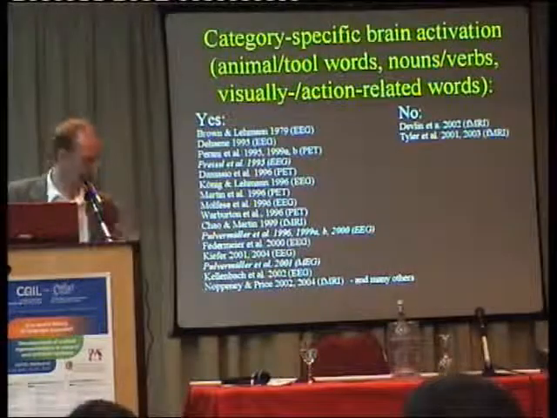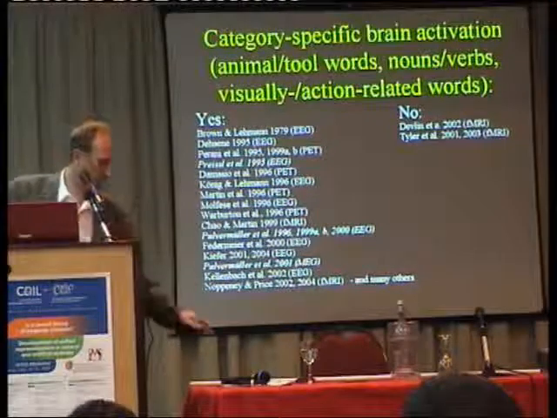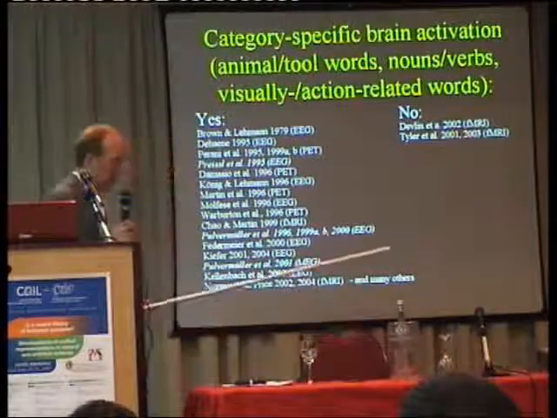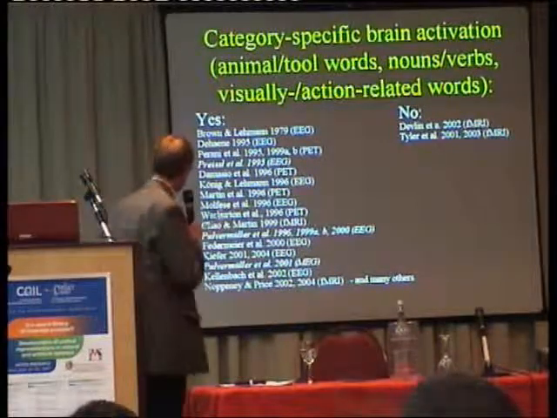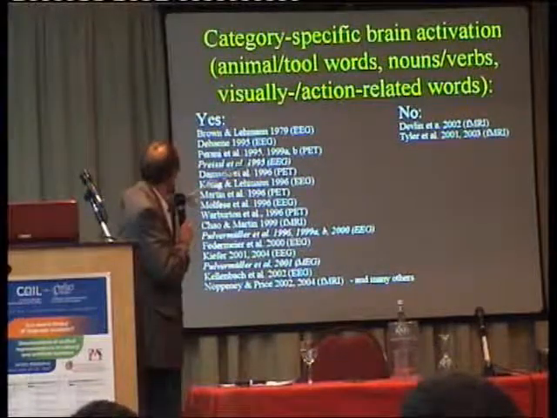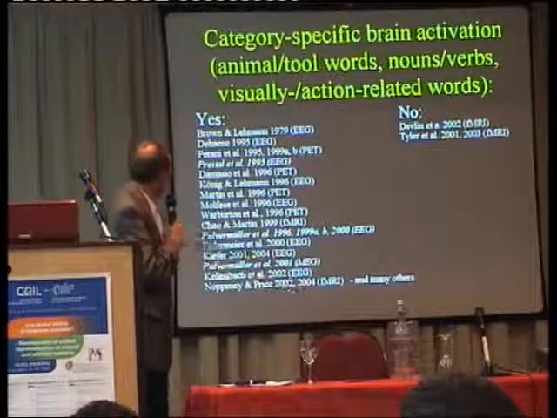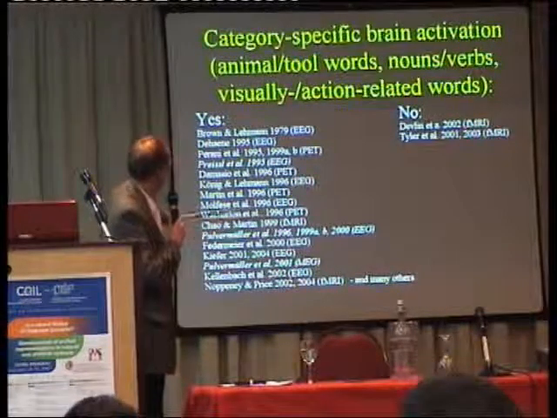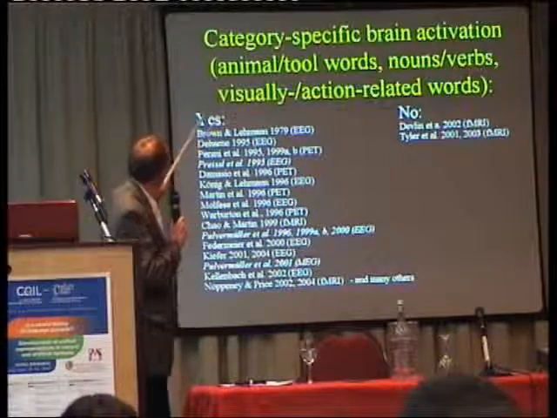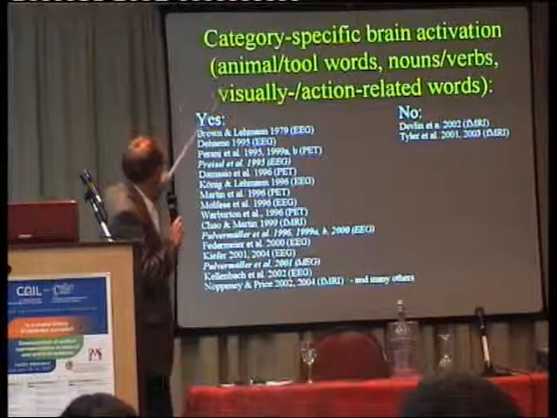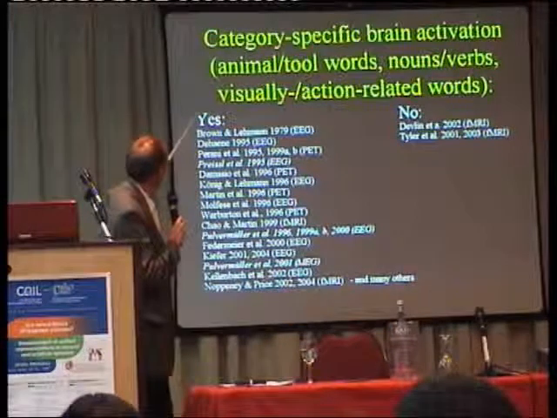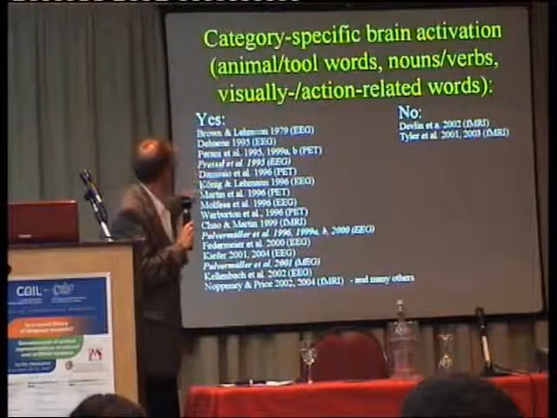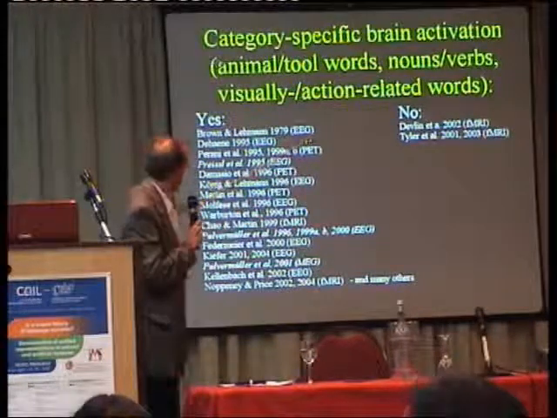Good. I also want to mention that there has been a great number of studies. I just started to list a few here, and you can see in the mid-90s there was quite a number of them, most of them confirming that there are category-specific brain activations for animal or tool words, for nouns and verbs, for visually related or action-related words.